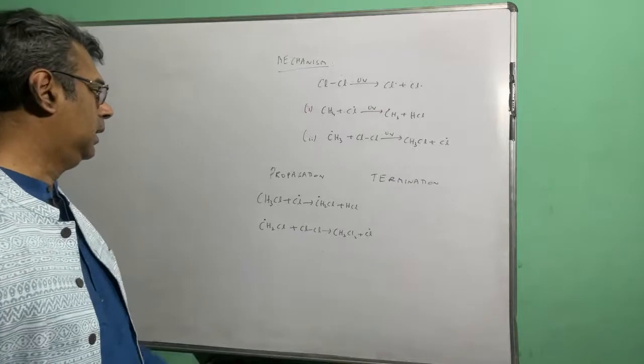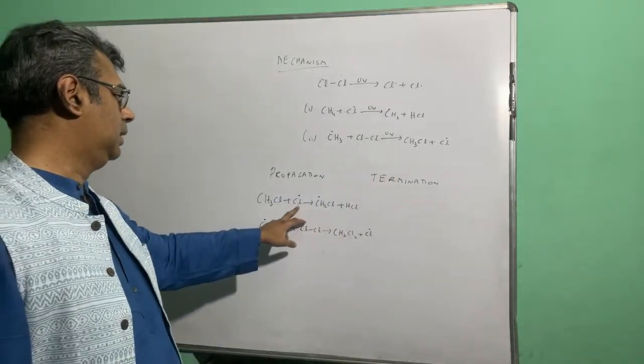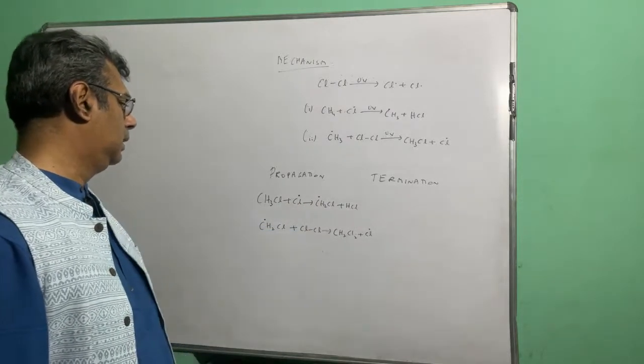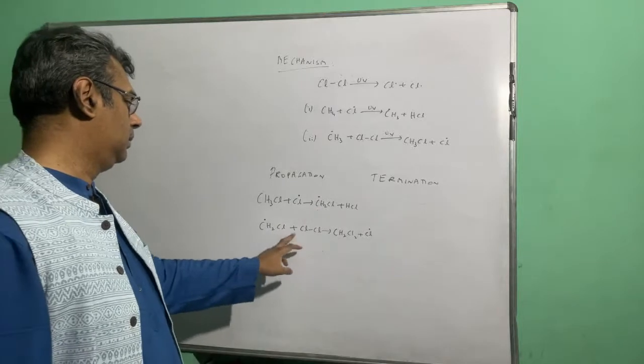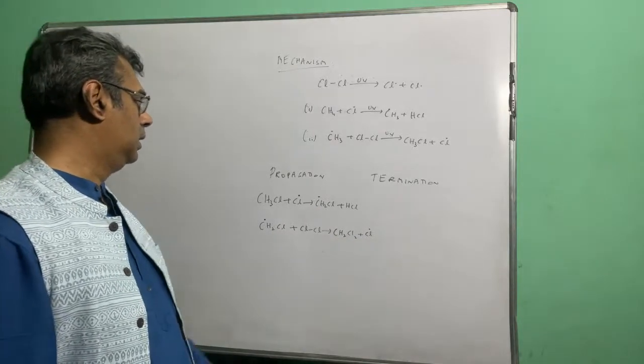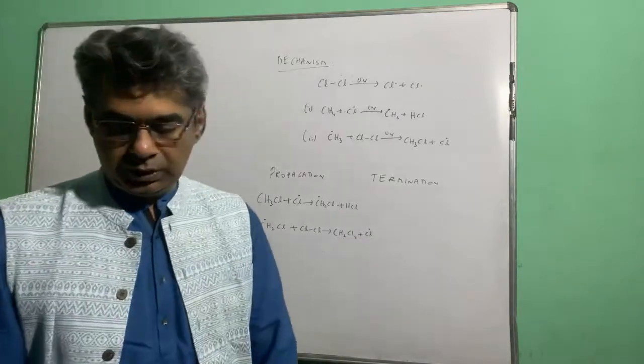So, regarding propagation, CH3Cl plus Cl dot will give you CH2 dot Cl plus HCl, and CH2 dot Cl plus Cl2 will give you CH2Cl2 plus Cl dot. So, this is propagation. Now let's go to termination.